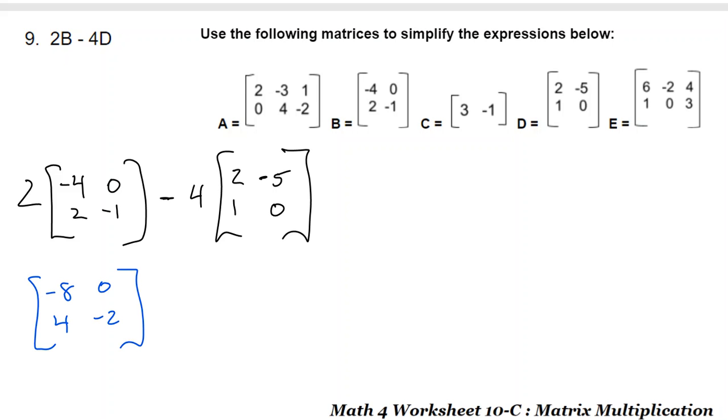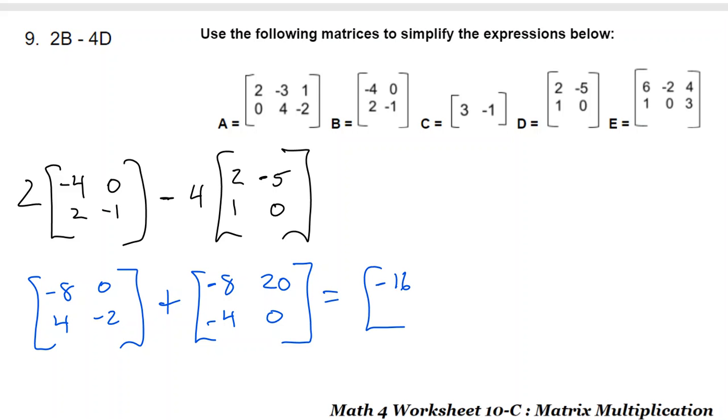And I'm just going to go ahead and distribute the negative 4. So I've got a negative 8, negative 4, positive 20, 0. But since I distributed the negative, I can now think of it as adding, which I'm going to make less mistakes if I do that. Negative 8 and negative 8 is negative 16. 4 and negative 4 is 0, 0 and 20, negative 2 and 0. So that's what that should look like. And that is it.